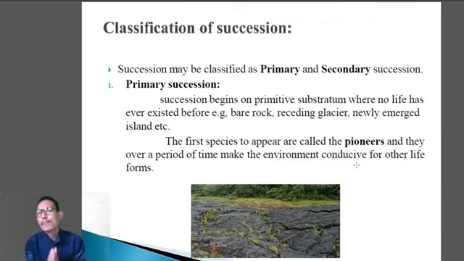So primary succession begins on a primitive substratum where there was no existence of life before. Examples: bare rock, receding glaciers, newly emerged island. Those bare areas where there was no sign of life. If succession occurs on those bare areas, then that is called primary succession.